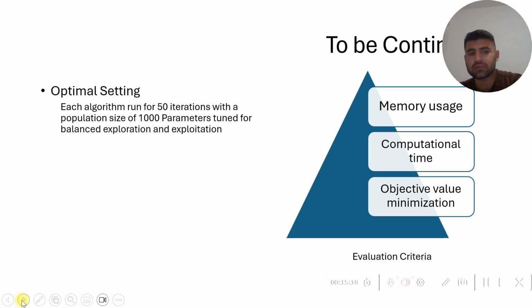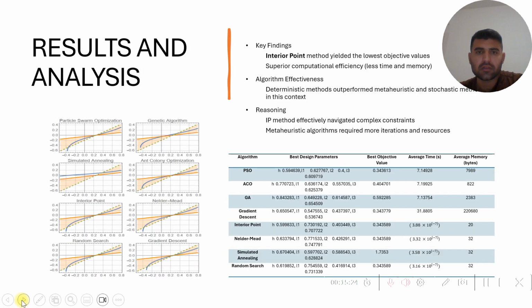The less computational power it takes and the more efficient design it gives, the more helpful it will be. So these are the results and analysis. Here we get the better result with the interior point method, with the low objective value, average time and memory consumption. Here's the table.